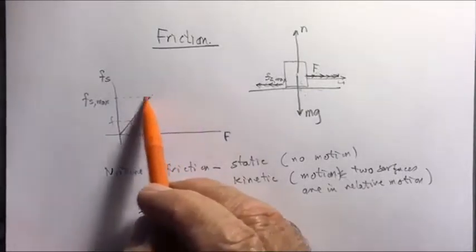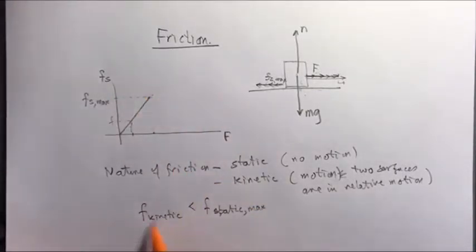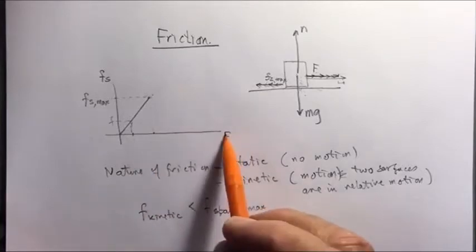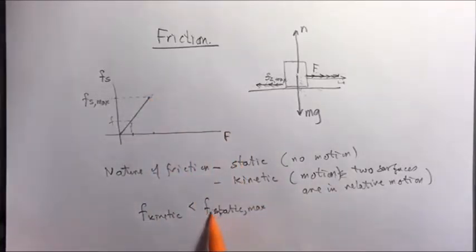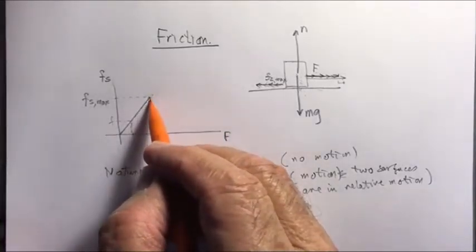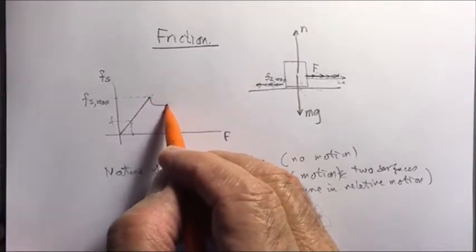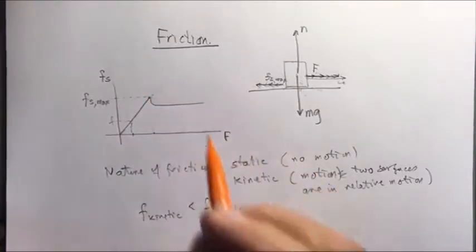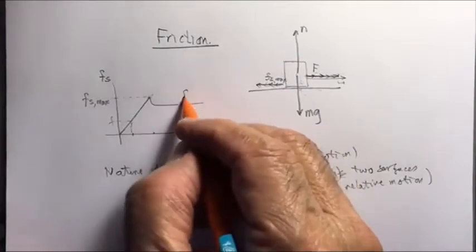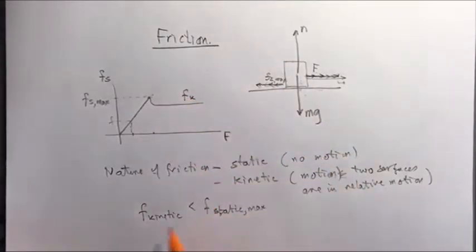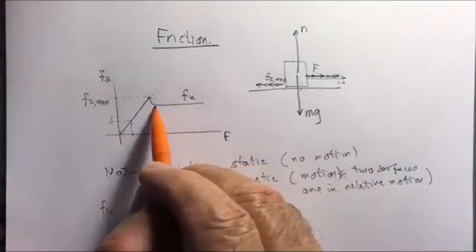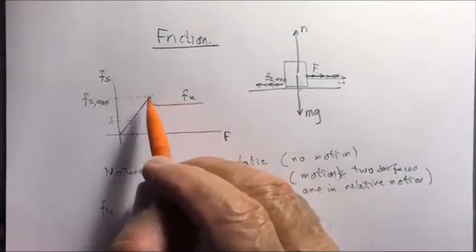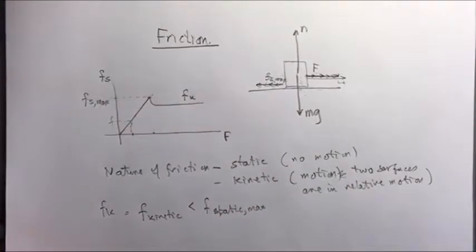So this is the static maximum, and the kinetic friction is almost constant, does not depend on the force, but is less than this. So this instantly decreases and becomes more or less constant. This is Fk, K for kinetic. The kinetic friction is about 20 to 25% smaller than the maximum static friction.